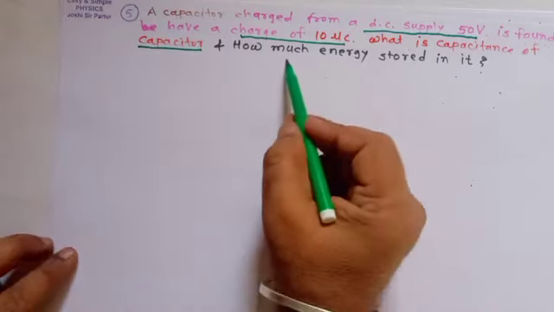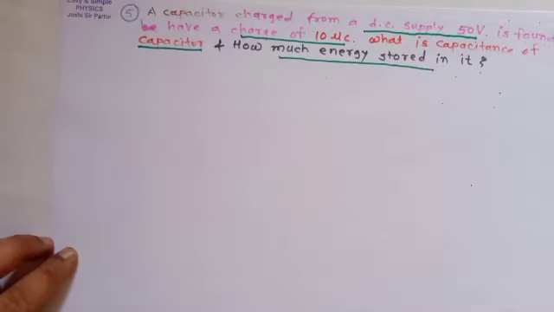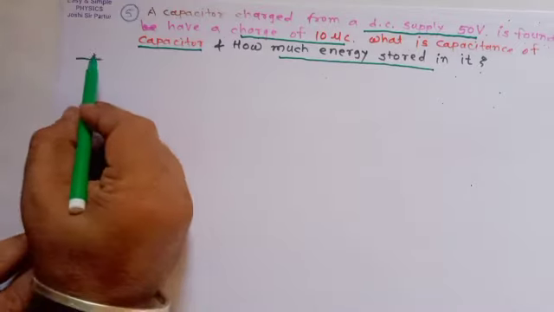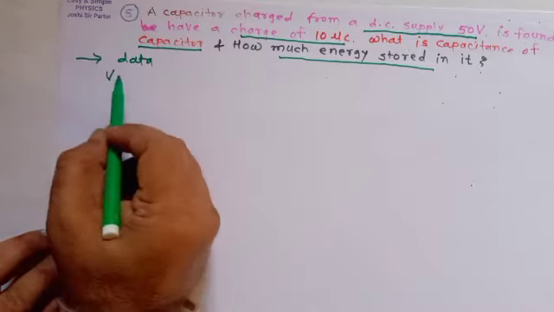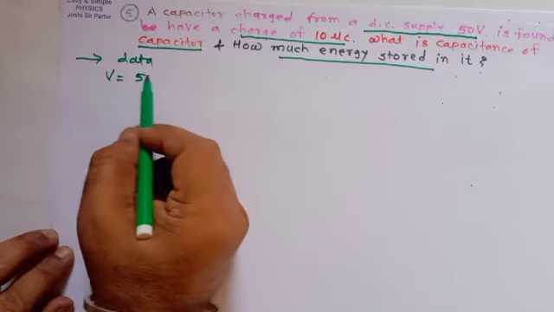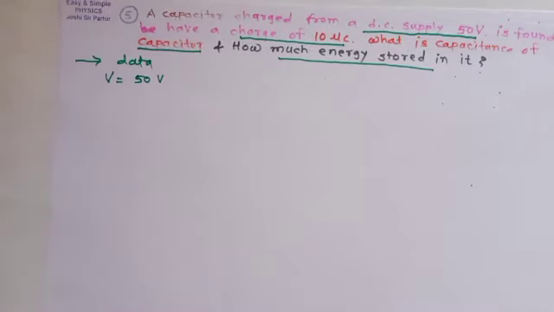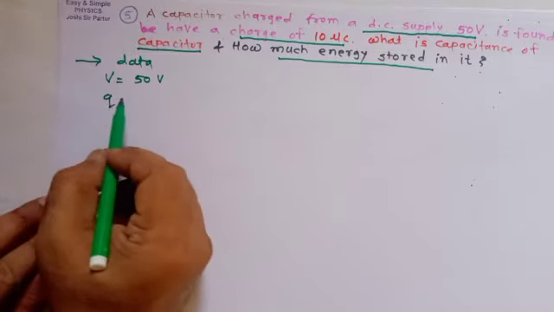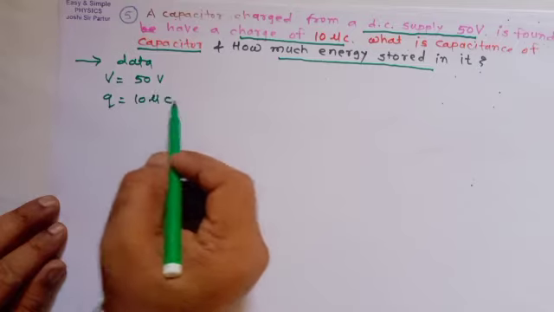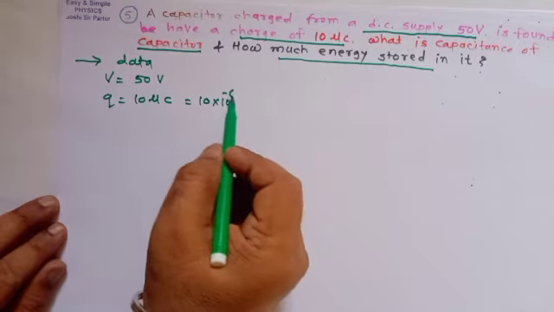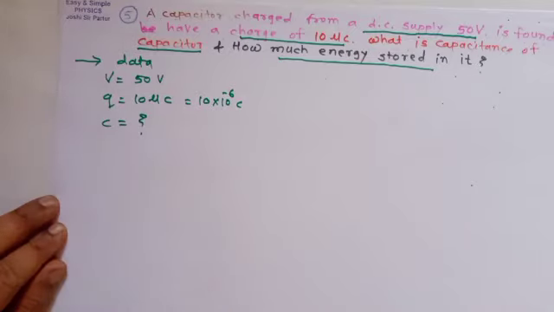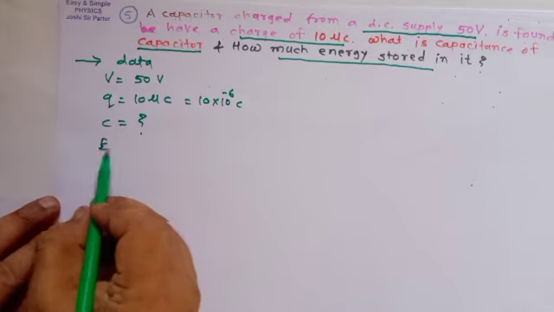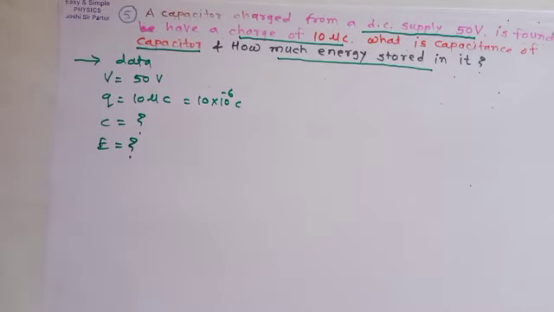And how much energy will be stored in it? So here we can write the data. Given as DC supply, potential will be 50 volt and charge will be 10 microcoulomb, 10 into 10 raised to minus 6 coulomb. We can find out capacity first, and again we can find out energy.